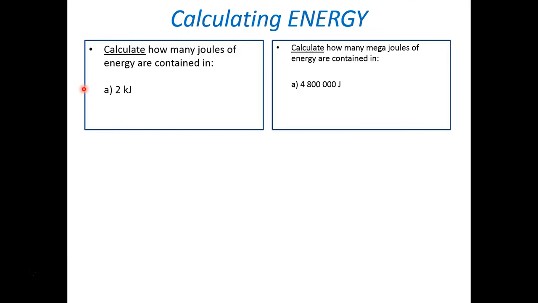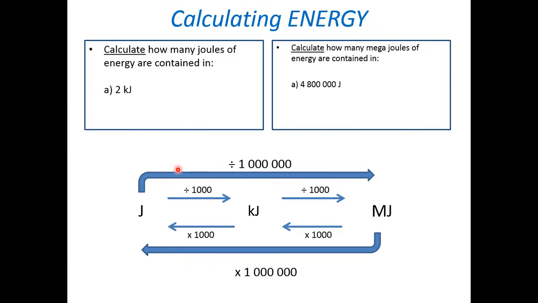So doing energy calculations, if we want to convert between those units, we can use a conversion chart. You've used things like this in maths before when we're converting between, say, meters and kilometers. So it's the same process. Because 1 kilojoule contains 1,000 joules, we would need to multiply by 1000.